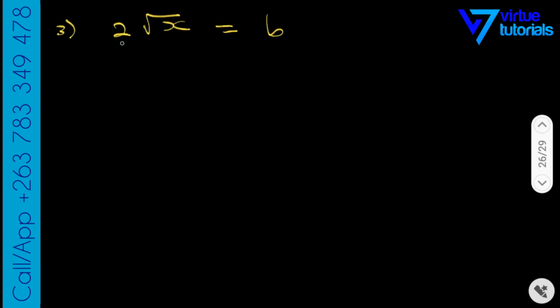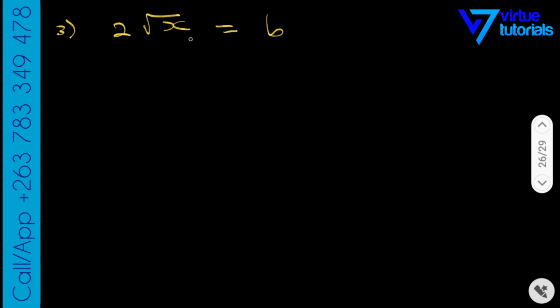If I have 2 times square root of x equals b, now I have to remove the outermost item, right? I have to get rid of 2 before I move the square root. It's very important. I have to first of all deal with anything that may be outside the square root. So if I have square root of x, I have to look outside the square root of x first and deal with everything that's outside that square root.